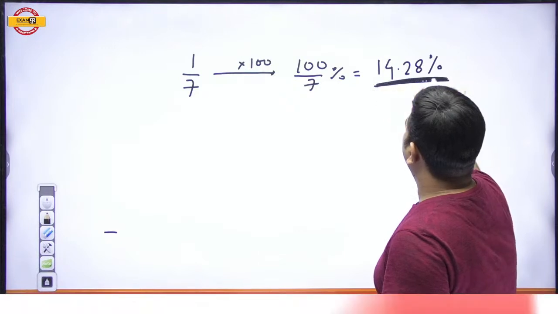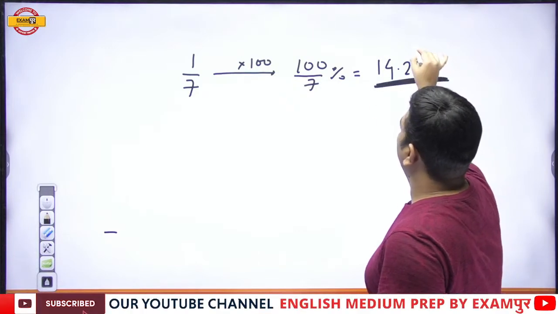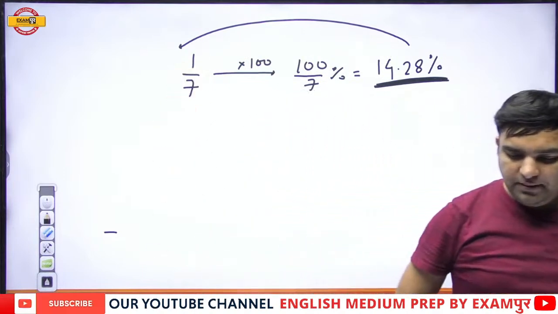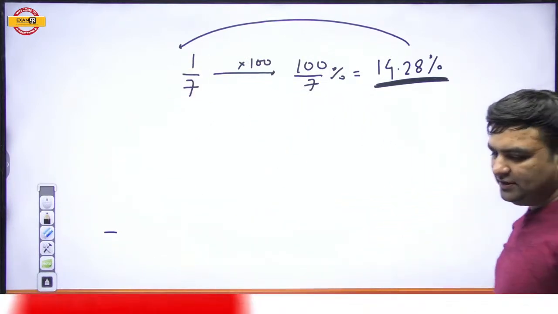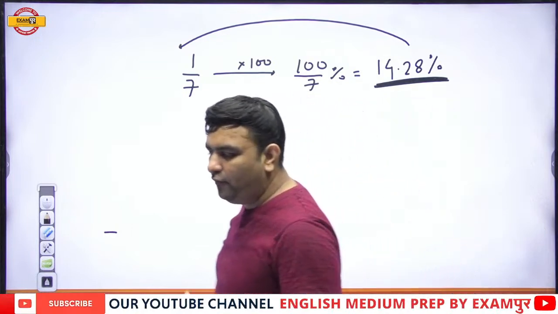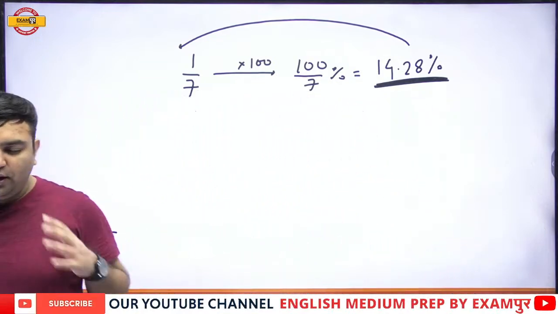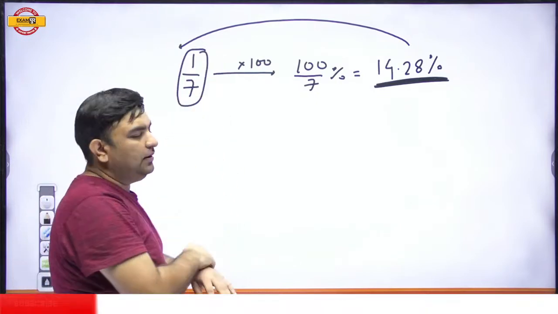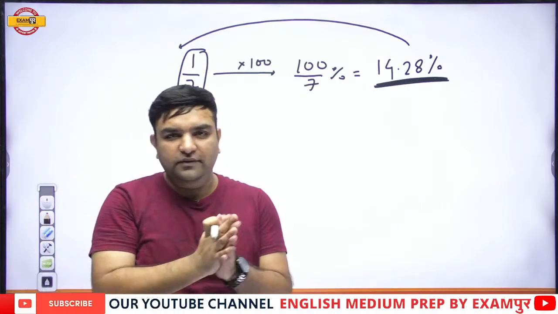So wherever you find this 14.28%, you have to directly replace it by 1 by 7, as we have done in the first example.